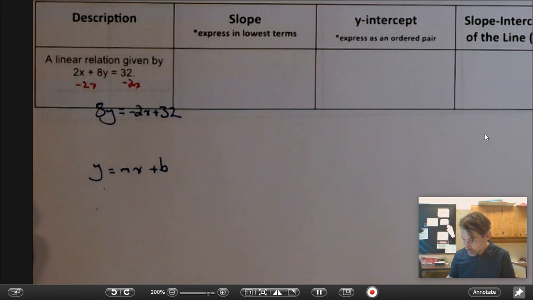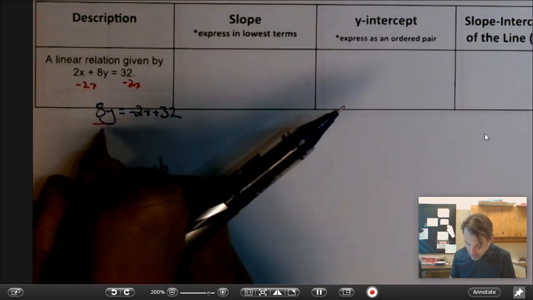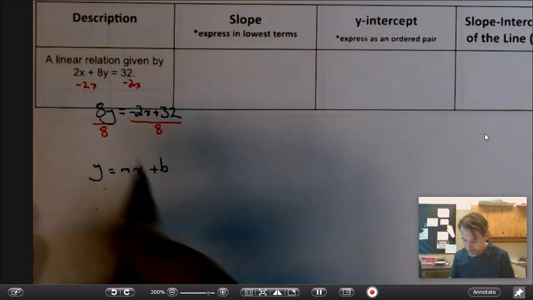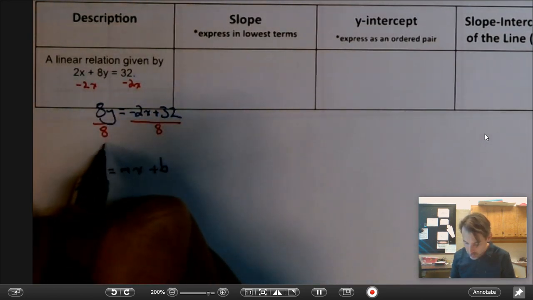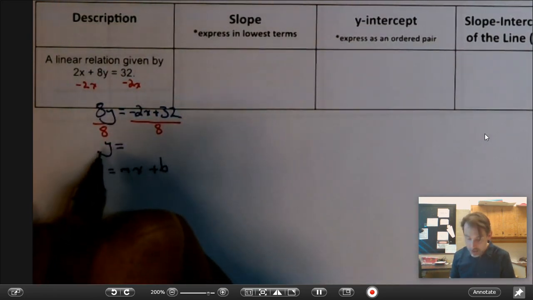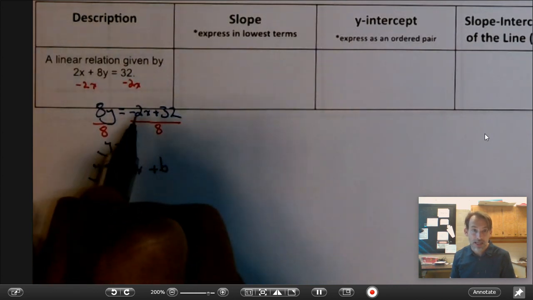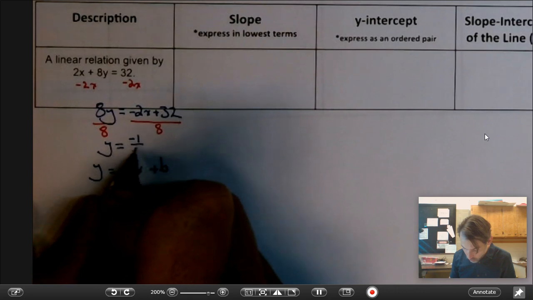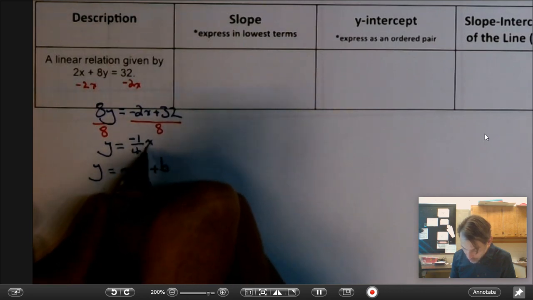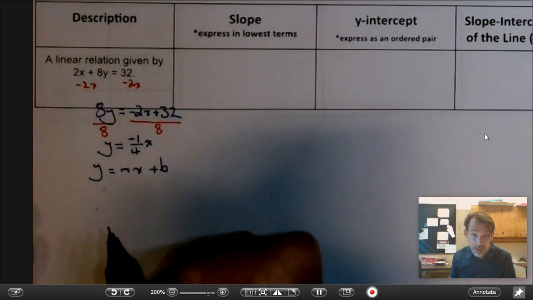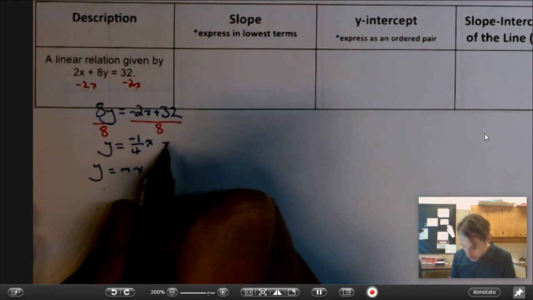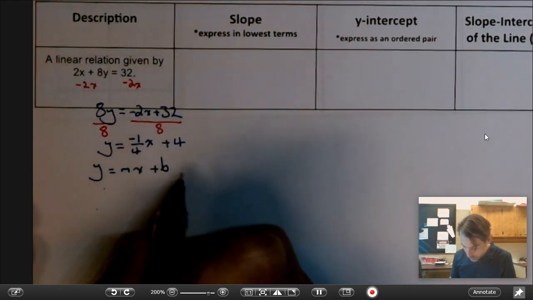So let's divide both sides of the equation by 8. Okay, so 8 divided by 8 is 1. So you have y alone, isolated on that side. Hooray. Negative 2 divided by 8 is the same thing as negative 1 over 4, but it's multiplied by x. That's my m, is minus 1 over 4. And then 32 divided by 8 is 4. So that's plus 4. Okay?